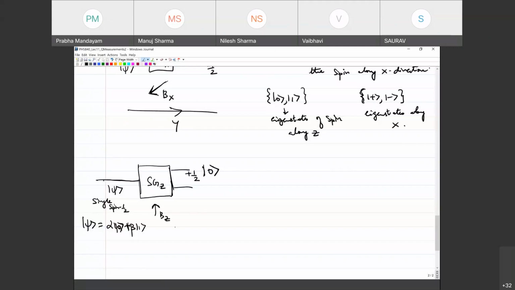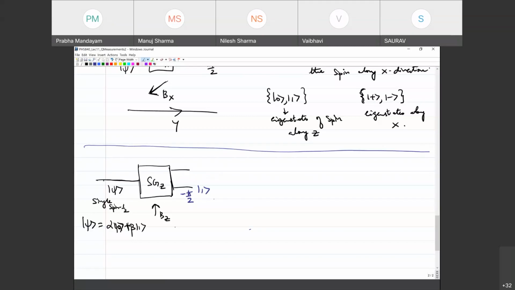Actually, I'm sorry, let me do it the other way around, simply because I don't have space to draw on top. Okay, let's say that what was observed was minus half, or minus h bar by 2 was the spin value that was observed. So the collapse is down to the 1 state.